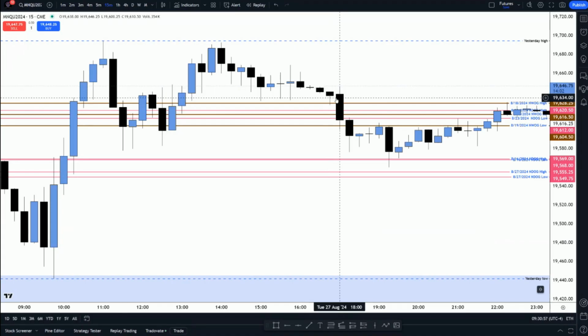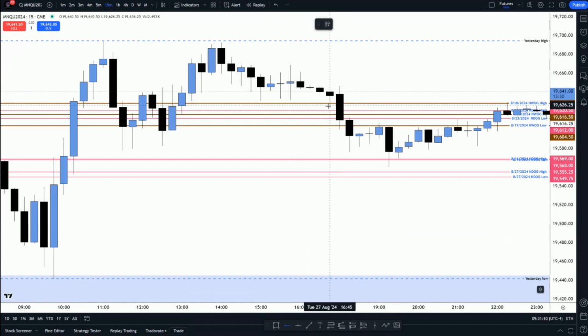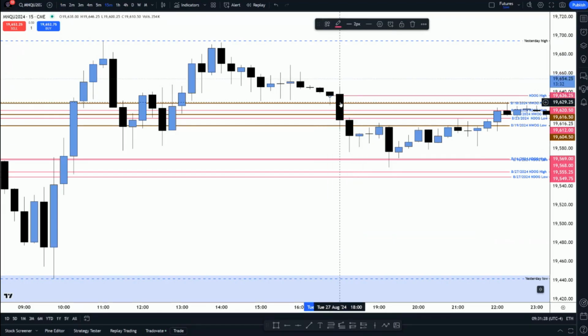So there's a gap between 16:45, so that's 5 p.m., and then when the market opens at 1800, there's a 1 hour gap right here. So I have to mark that too. I'll show you all this later in more detail. But open, close here, 19,636. I'll have to show you how to see all this in more detail.